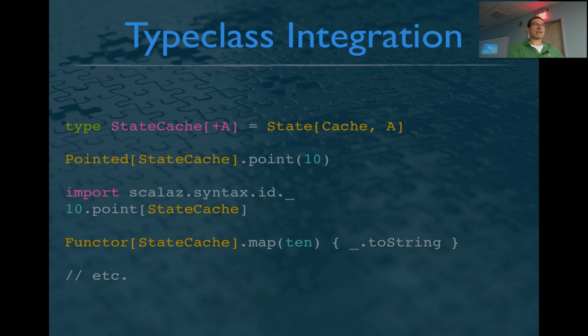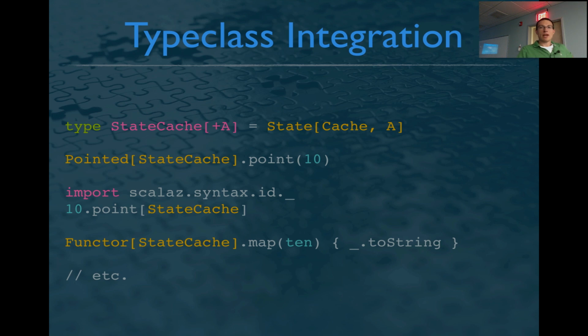Here we're going to say we have StateCache, parameterized by a single type A. If you look at the definition of the State data type, the A parameter is covariant, and so in order to get full benefit of that variance, we need our StateCache type parameter to be covariant. That's what that plus does.